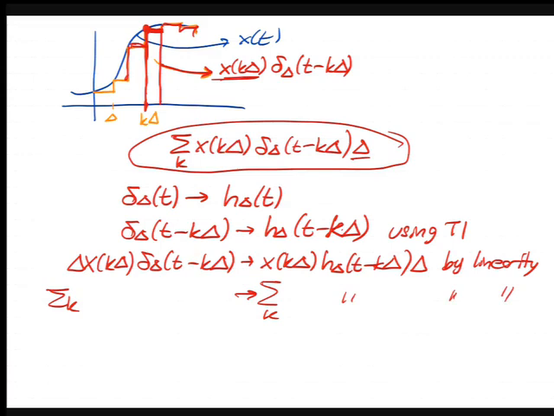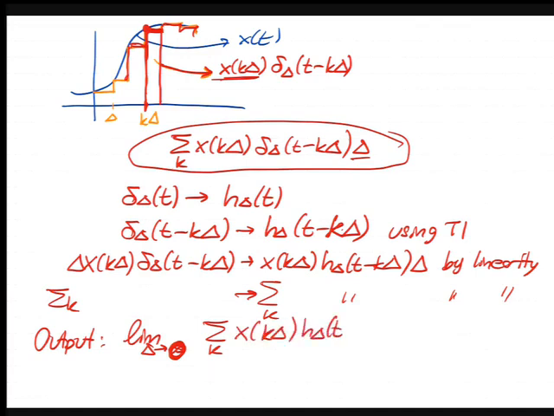So therefore I can claim that the output of the LTI system is the limit as delta goes to 0 of what I see on the right with the summation: x of k delta, h delta of t minus k delta, times delta.